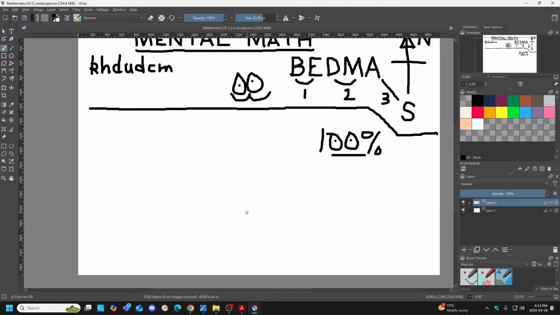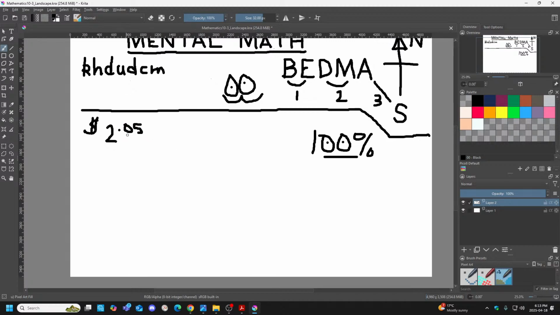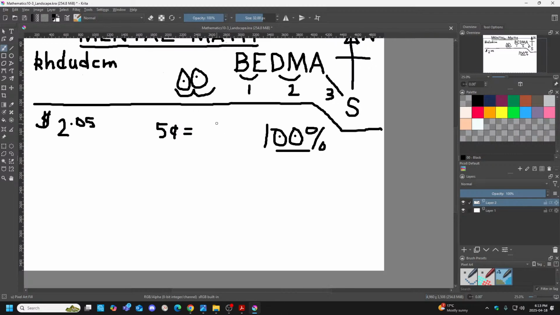So, here's the next one. You're going to the store to buy a drink. You're thirsty. You have $2.05. Okay? That's what 5 cents is. 5 cents is the same as 5 divided by 100.